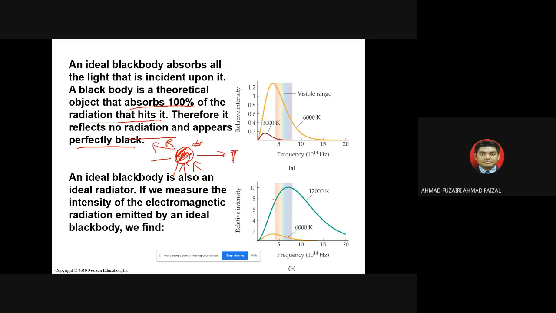An ideal black body is also an ideal radiator, giving off radiation following this graph.